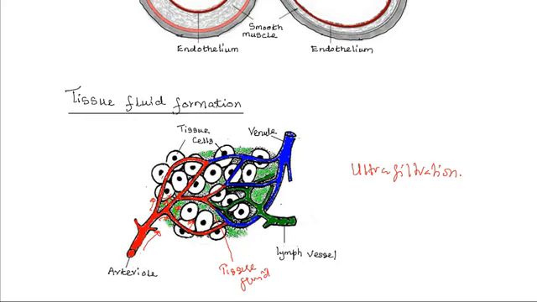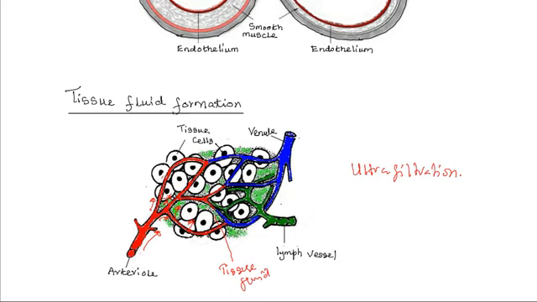This tissue fluid formed is very similar to the plasma of the blood in terms of composition, except that it lacks red blood cells. It does have some white blood cells, and it also lacks large plasma proteins that cannot filter across.